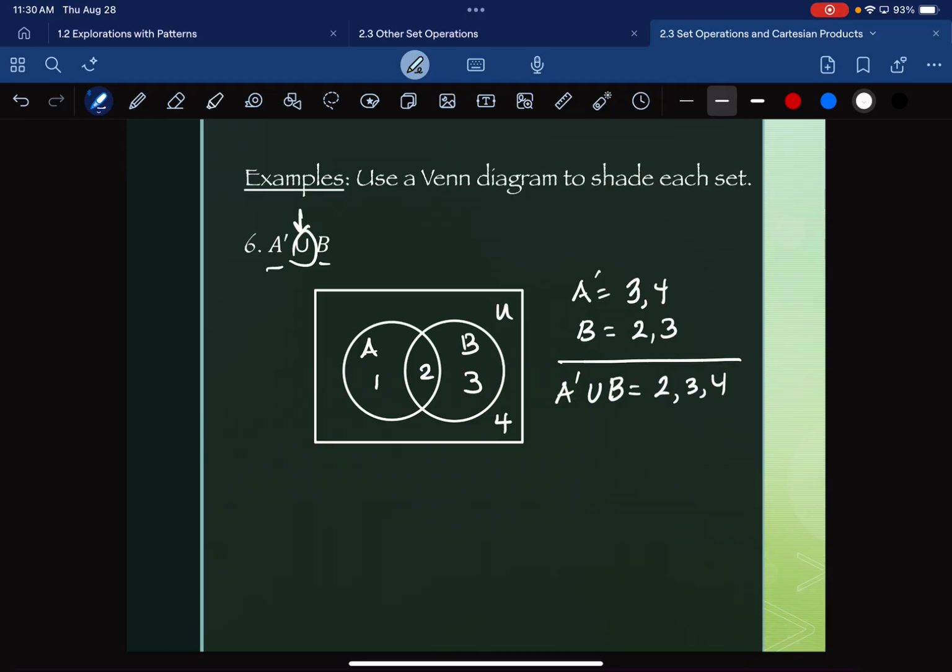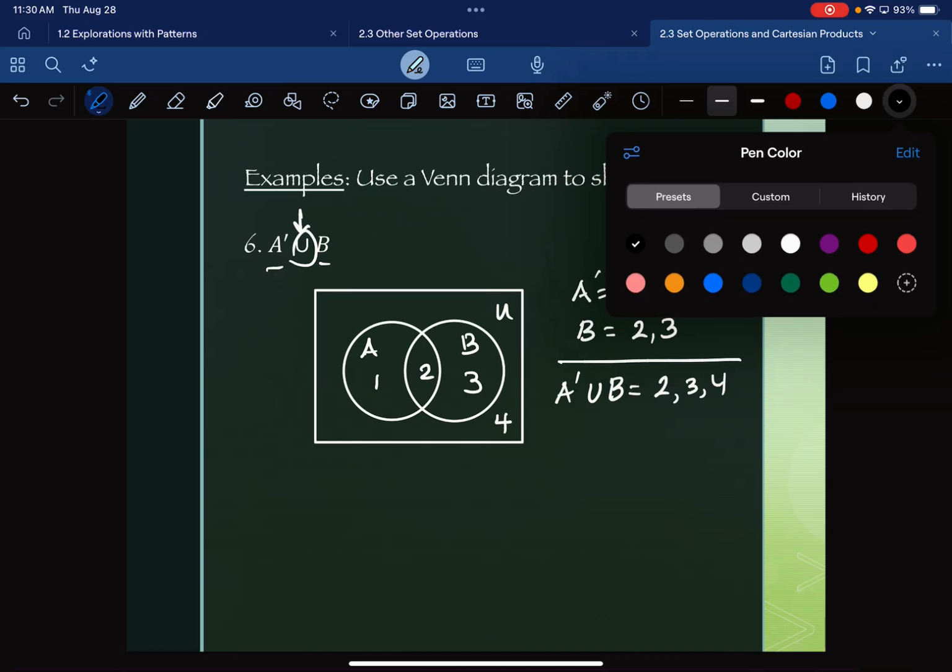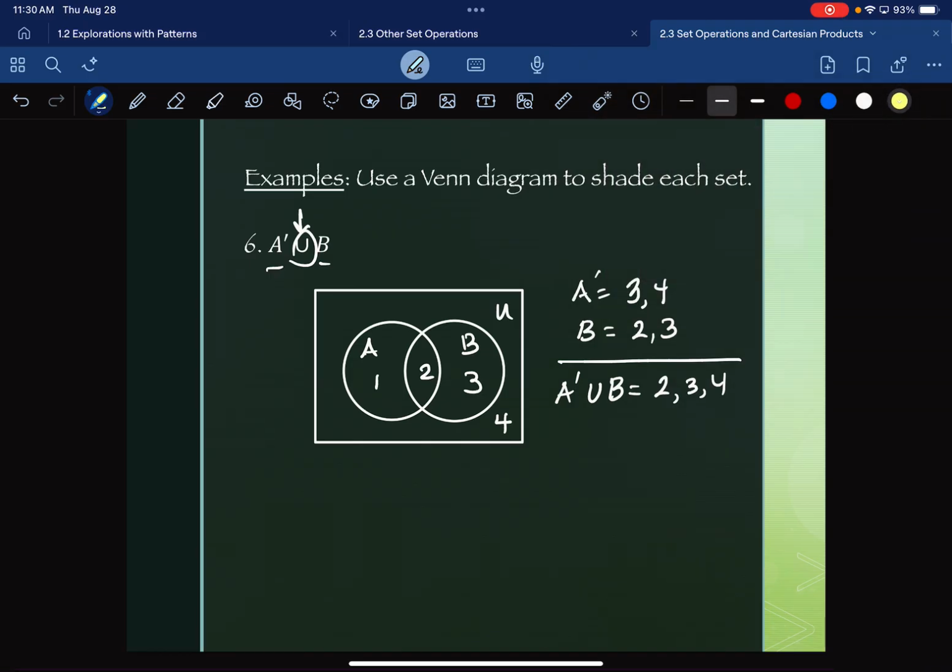I think it shades it in yellow or something like that. So for the fun of it, we'll make this yellow as well. We're going to shade in region 2. We're going to shade in region 3. And we're going to shade in region 4, which is the outer part of the rectangle out here.